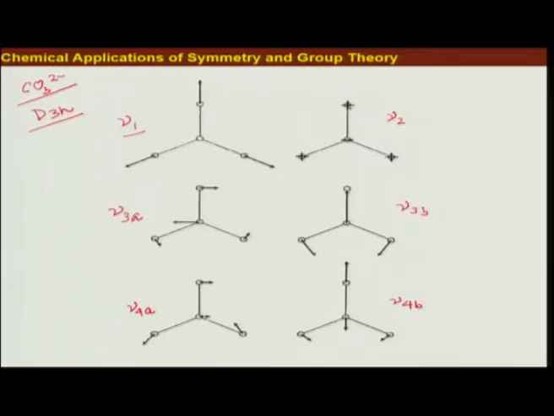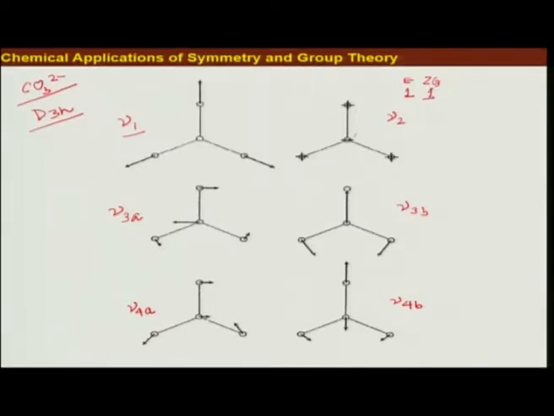If you apply identity, it will give me a character of 1, while C3 will also give me 1 because after rotation by 2 pi by 3 I will get an indistinguishable structure.